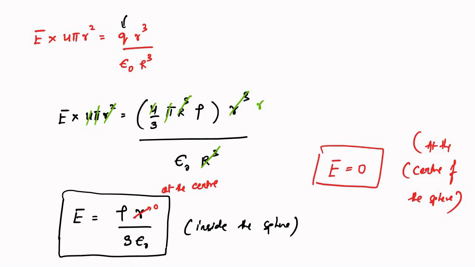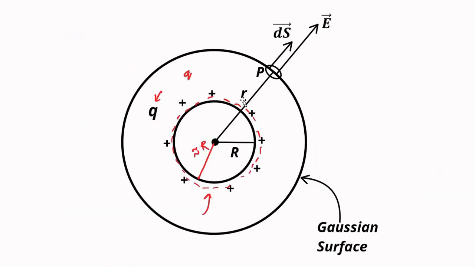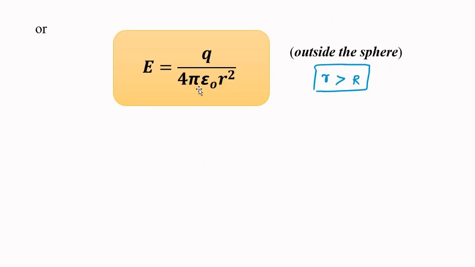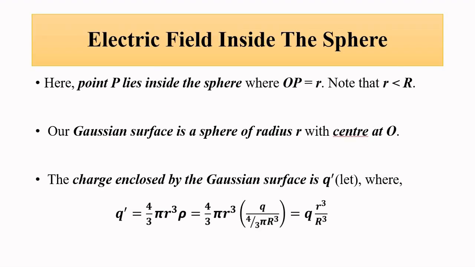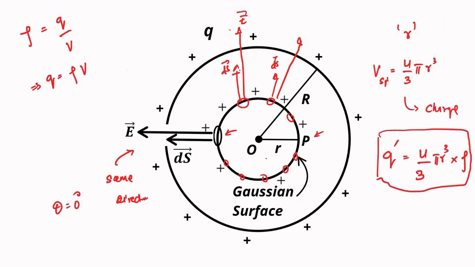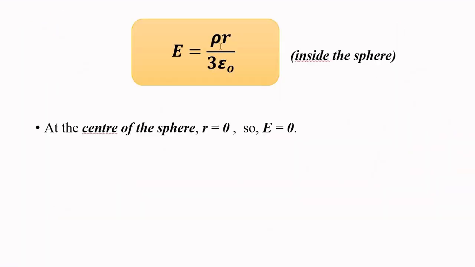In the first case, outside the sphere at a certain distance small r, where r is greater than the radius of the sphere, we got Q by 4π ε₀ r². Then on the surface of the sphere, we got ρ R by 3 ε₀. Then inside the sphere, we got E is equal to ρ r by 3 ε₀.